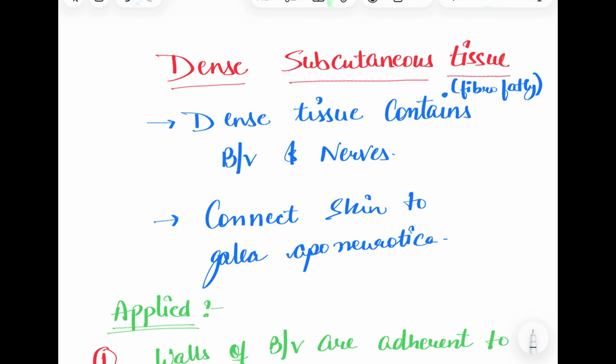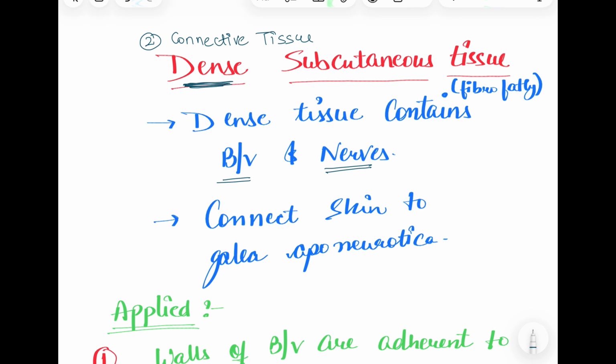connective tissue. So for the connective tissue, as we know, C for connective tissue, which is your second layer of the scalp, what kind of connective tissue do we have? It's the dense subcutaneous tissue. It's a dense connective tissue which contains the blood vessels and the nerves, right?